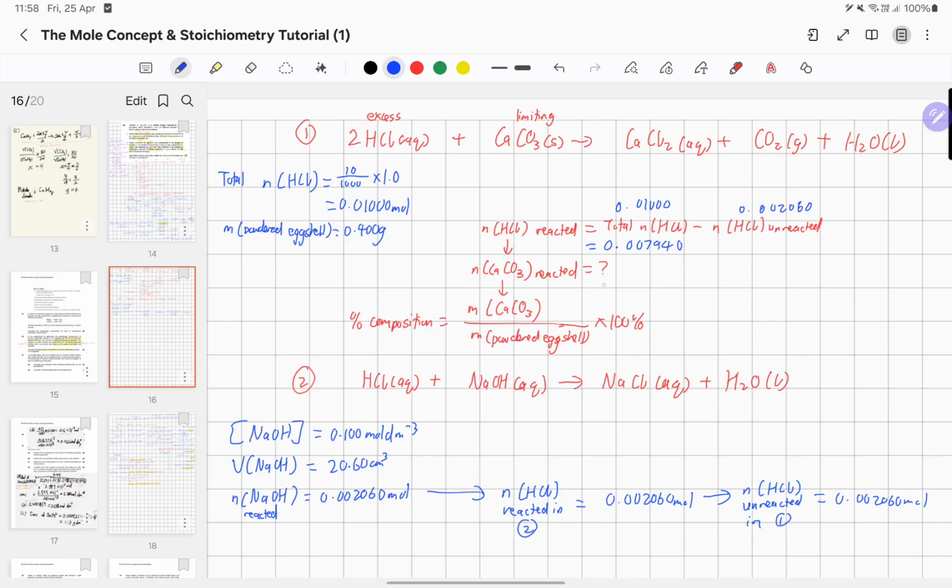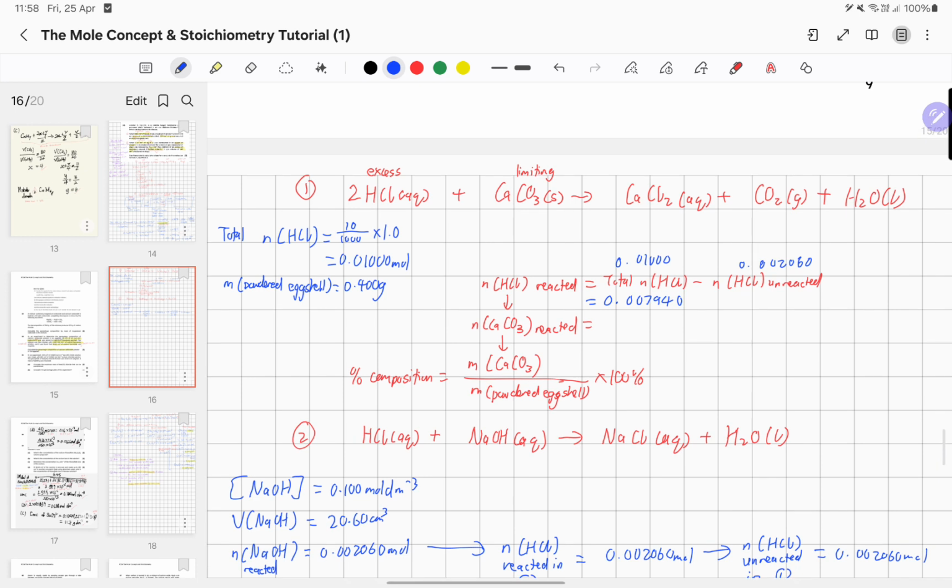Okay, and then when you want to calculate the number of moles of CaCO3 reacted and make use of mole ratios, 0.007940 divided by 2, so times half, because 2 is to 1, right? 2 is to 1. Okay, that gives 0.00397 mole.